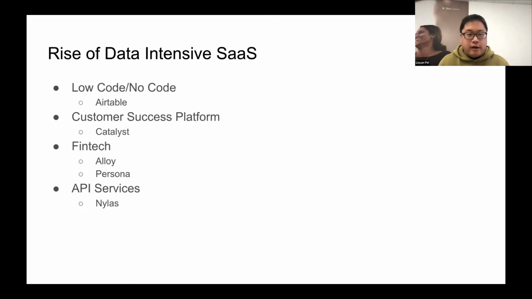They are called Alloy and Persona, and there are a lot of API services for you to build applications. For example, Nylas for communication data, and Twilio for working with cell phones and the service providers. There are a lot of them.